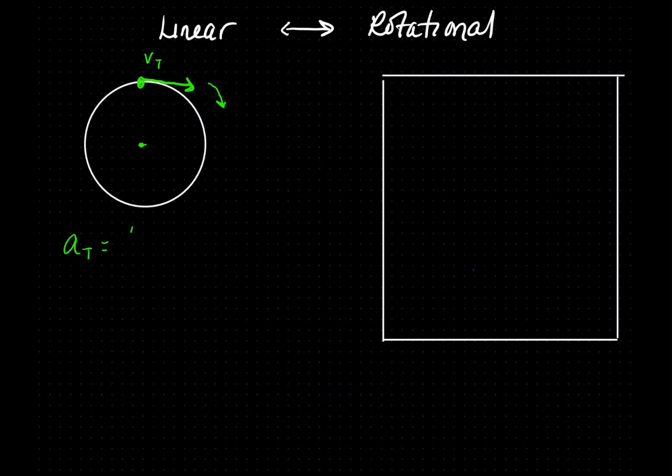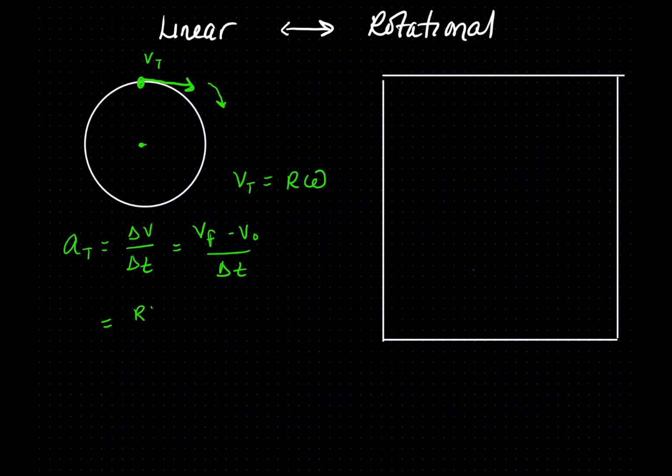Acceleration was defined as change in velocity over change in time. In the previous slide, we learned that tangential velocity was equal to R times the angular velocity. So substituting this in, this is V final minus V initial over delta t, which I substitute in for the velocity.